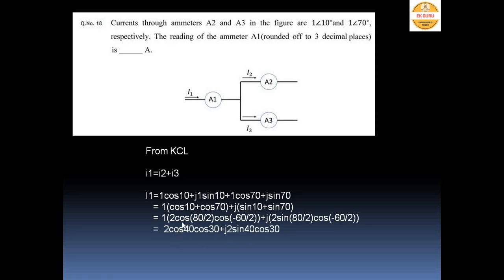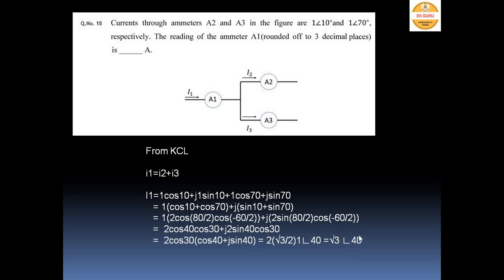So we get 2 cos 40 cos 30 plus j sin 40 cos 30. Both the terms have 2 cos 30 common, so we can rewrite it as 2 cos 30 times (cos 40 plus j sin 40). This cos 40 plus j sin 40 can be written as 1 at an angle 40. And cos 30 is root 3 by 2.